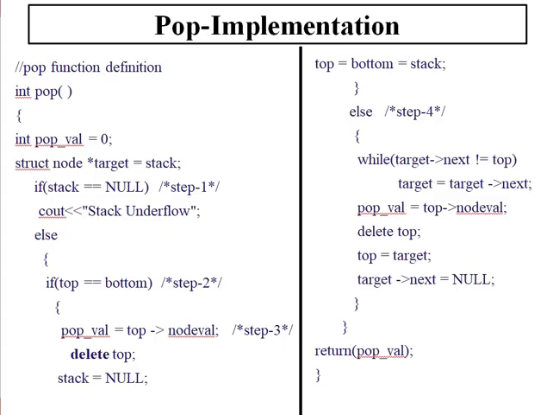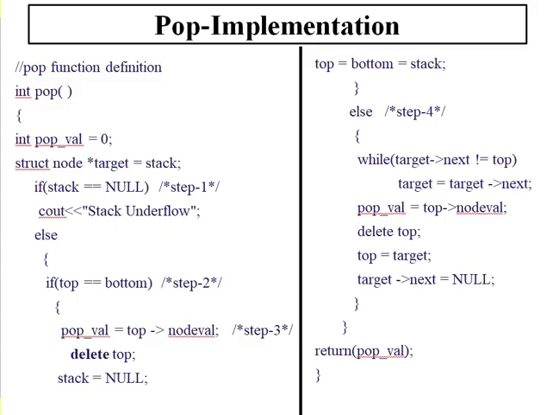For dynamic memory management, we use the two operations, new and delete, for dynamically reserving or releasing memory. So dynamically reserving memory is done using the new operation, and dynamically releasing reserved memory is done using the delete operation.